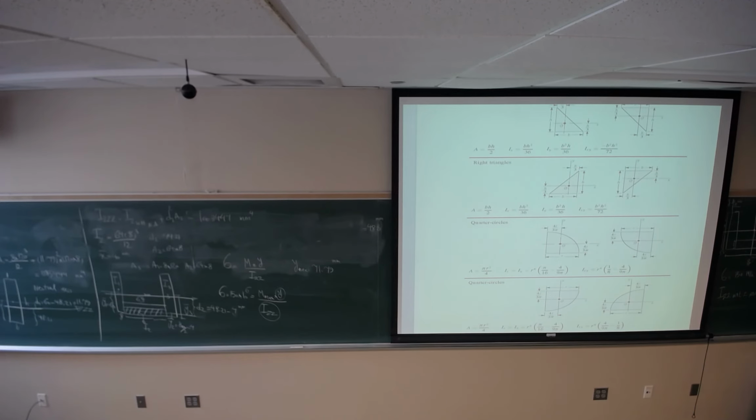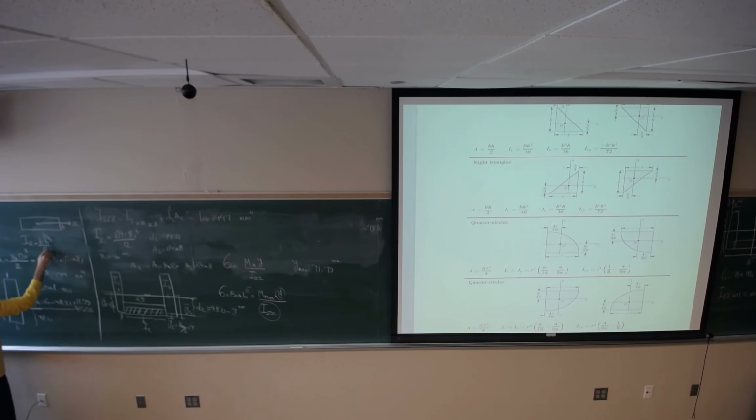Why do you have the D squared times A? It's the parallel axis theorem. We know that if this is a cross section that we have, and if this is the axis, I with respect to the z axis is b times h power 3 divided by 12.